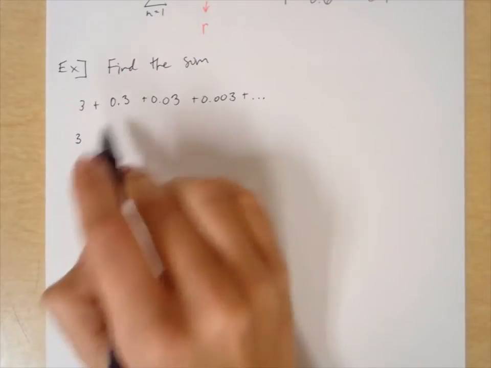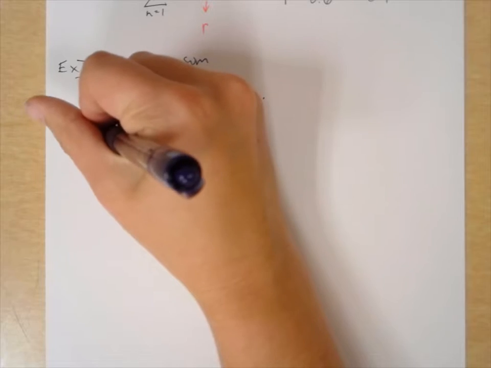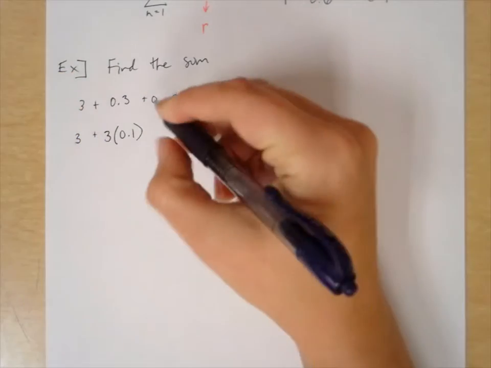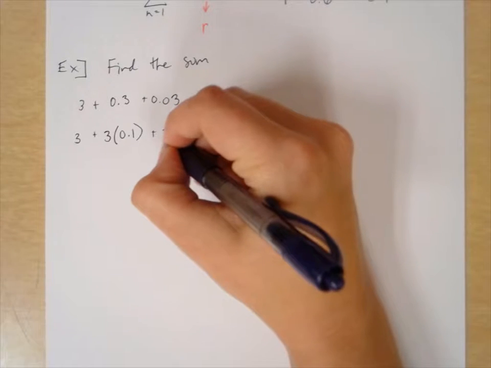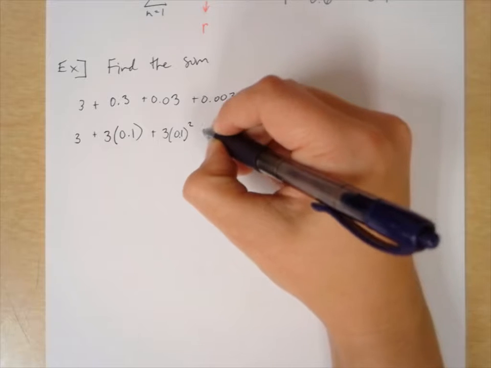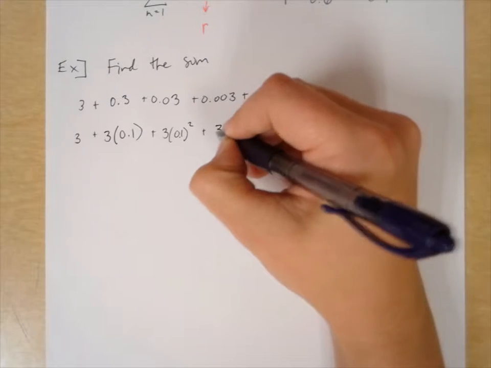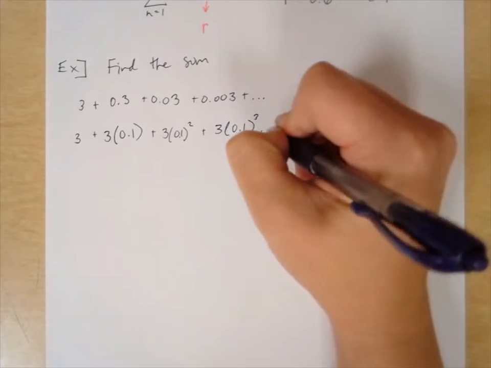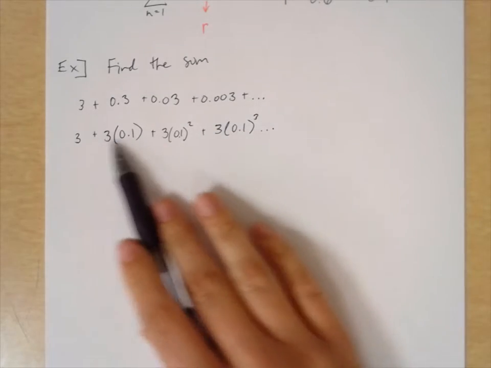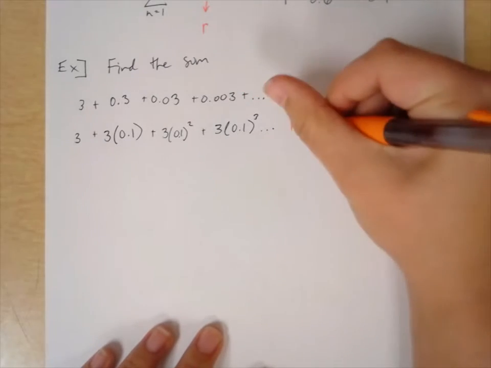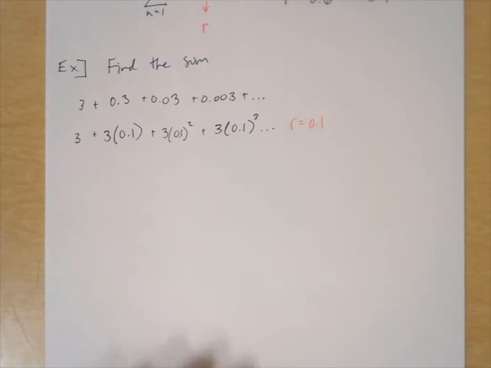This is the same as saying 3 plus 3 times 0.1 plus 3 times 0.1 squared plus 3 times 0.1 cubed, ... And so we can see from this pattern that our ratio appears to be 0.1.